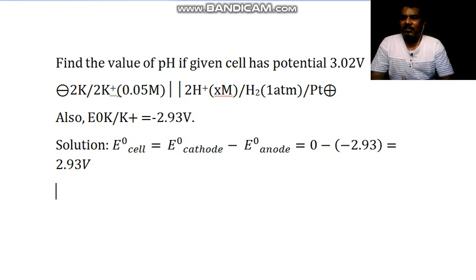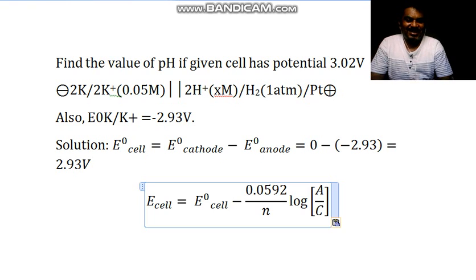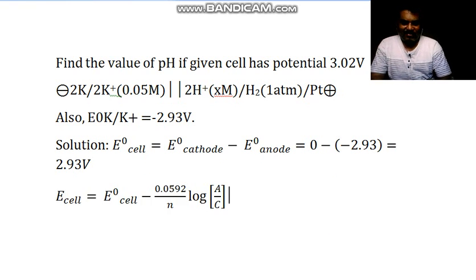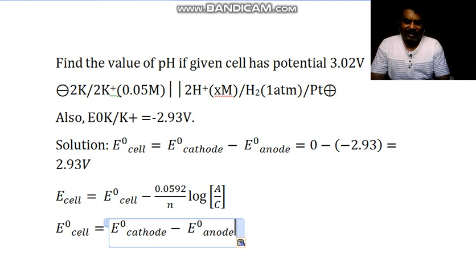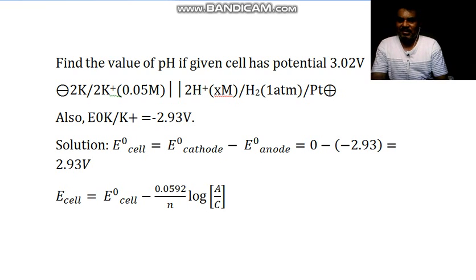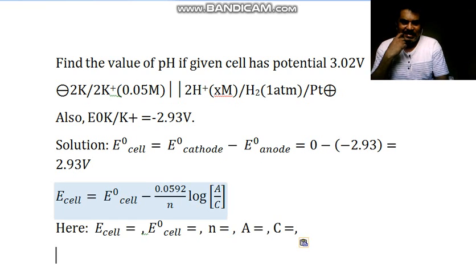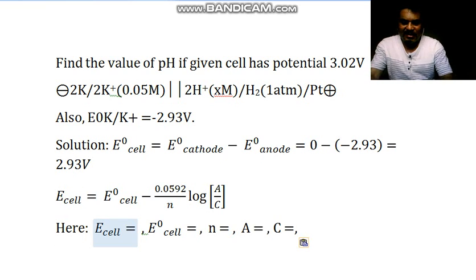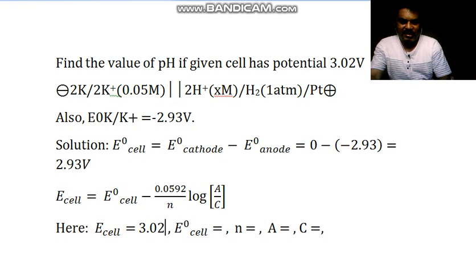Afterwards you know that we have to use the Nernst equation. I am putting the Nernst equation here, and now we are finding the terms in the Nernst equation. Tell me quickly which are the terms here. E cell we have given here: 3.02 is the E cell.